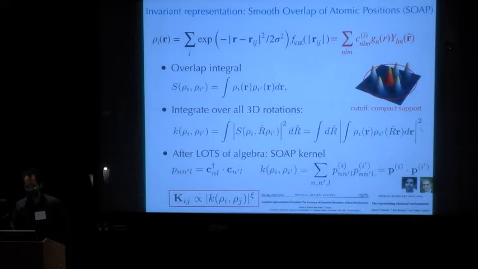So this K that we defined as a rotational integral of the square overlap of densities is actually exactly equal to P dot P, where P is C squared. That's a very nice result from harmonic analysis, and it turns out to be an amazingly good kernel. And it has very few free parameters.